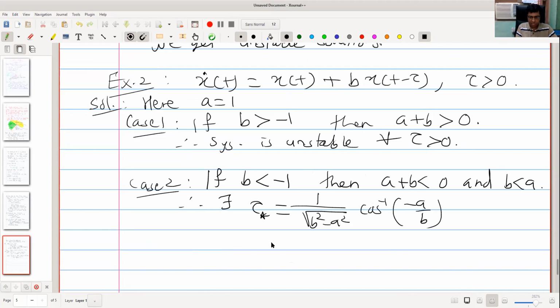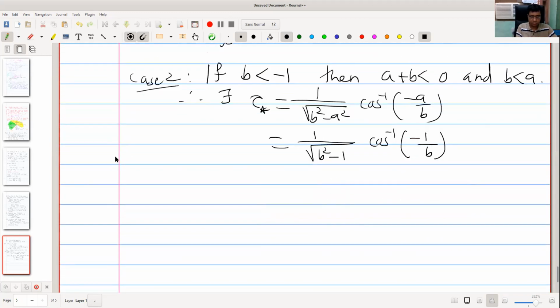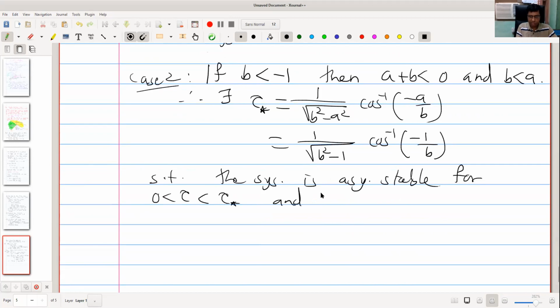And that is nothing but 1 upon square root of b square minus 1, cos inverse of minus 1 upon b, such that the system is asymptotically stable for 0 less than tau less than tau star and unstable for tau greater than tau star.